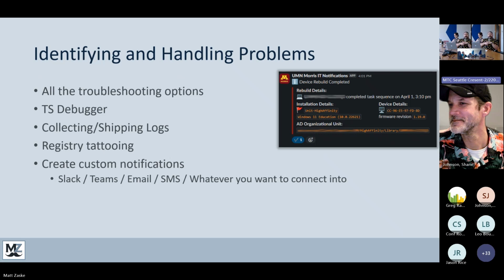One of the wrap-up steps during that whole business of collecting logs: I have a web server that sits out there that accepts post input. That's a whole other chat, but my task sequence has a PowerShell step that collects a few variables. What's the firmware rev?